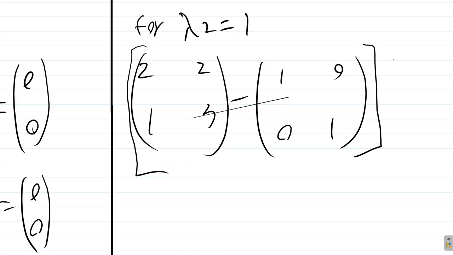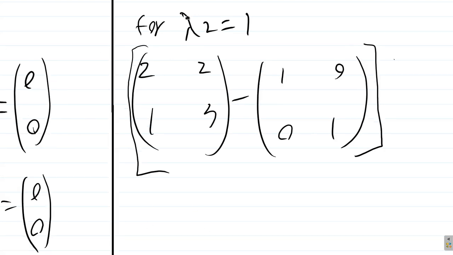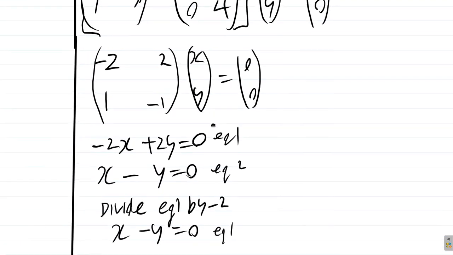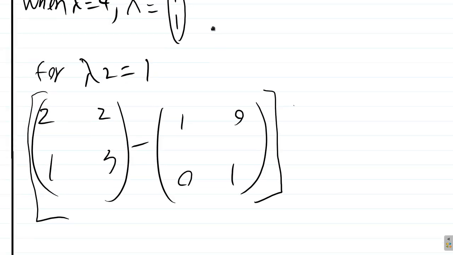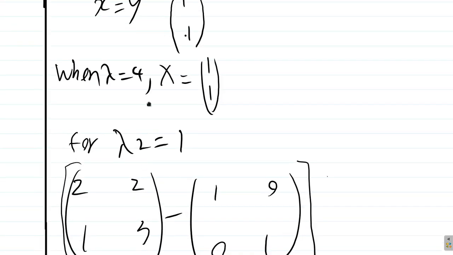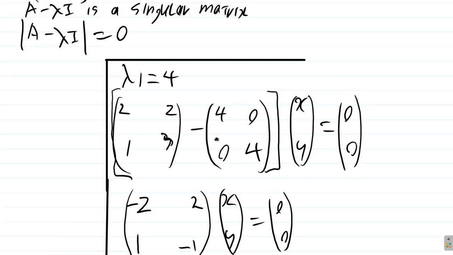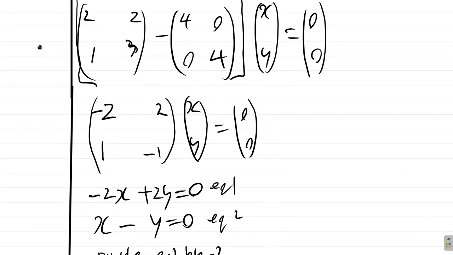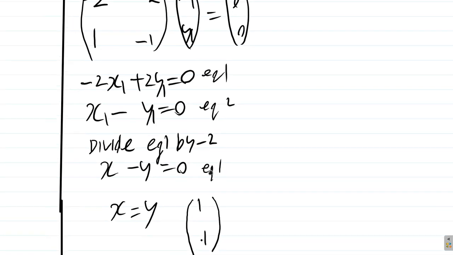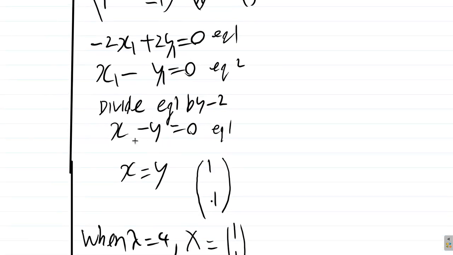Times, and we have the x, y equals 0 0. By the way, I had labeled this lambda 1, so label these x1, y1 then. Since we have lambda 1, each lambda will have its own x, right?